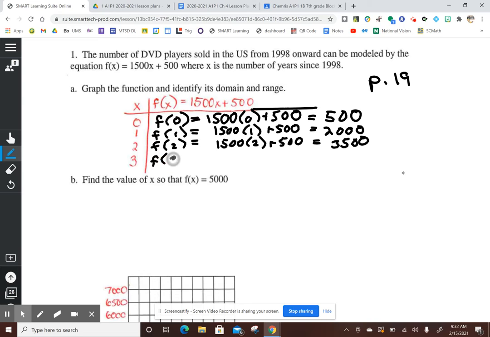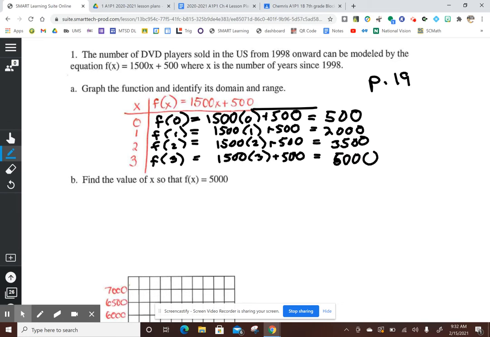And f of 3 would be 1,500 times 3 plus 500, and that would be 6,500. No, that would be 5,000, sorry. 4,500, 5,000, yeah.